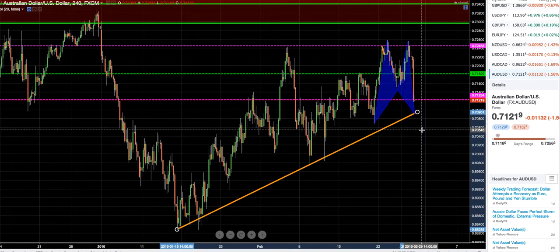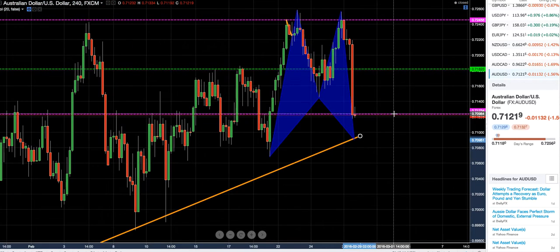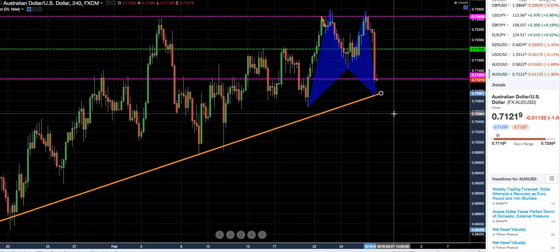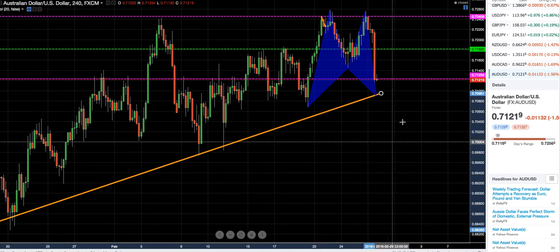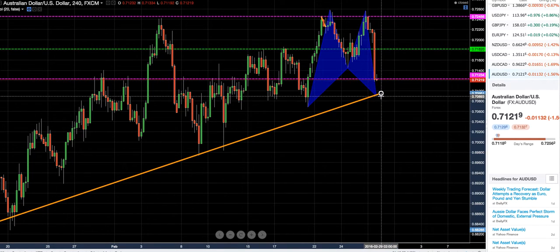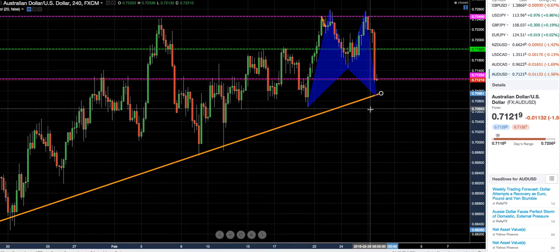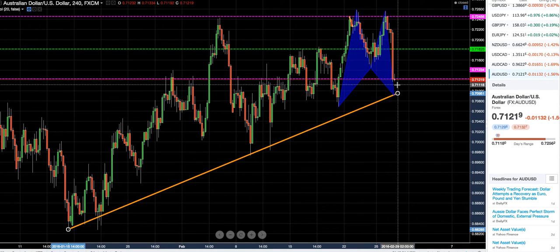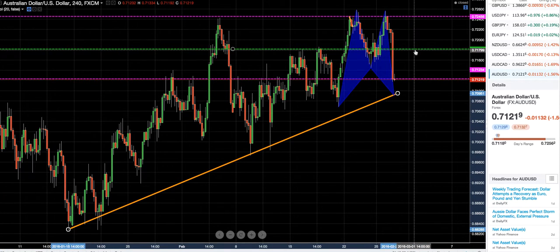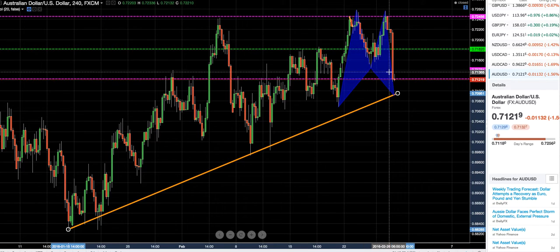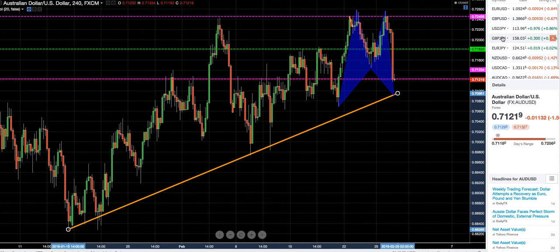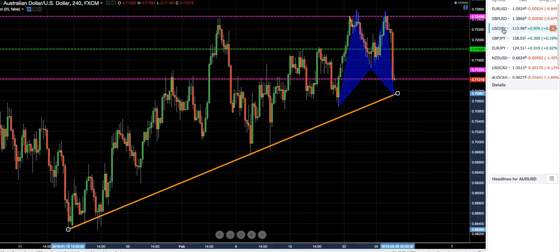It's a fantastic helping tool, but don't trade just based off these lines, right? So that's what I'm thinking on the Aussie dollar. So interesting if the market drops a little lower to see if we can get some action from the bat pattern.